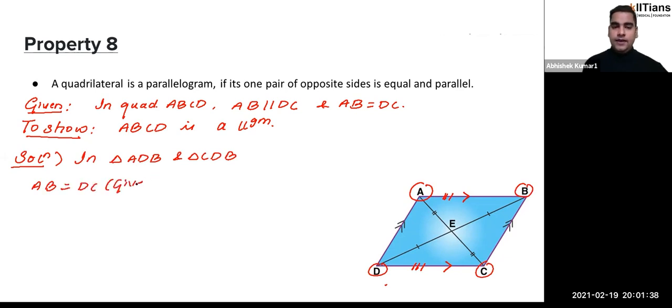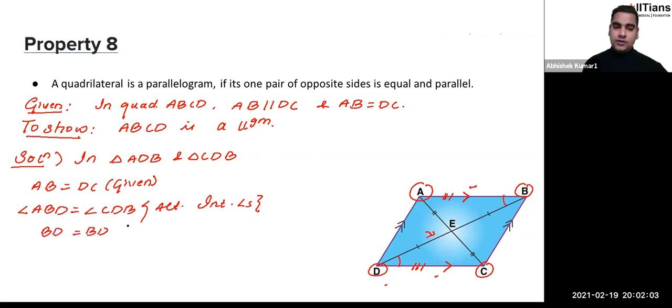And because these two lines are parallel, this angle will be equal to this angle, alternate interior angles. So you will have angle ABD equal to angle CDB, alternate interior angles. Apart from this, the side BD is common to both, so BD equals BD.